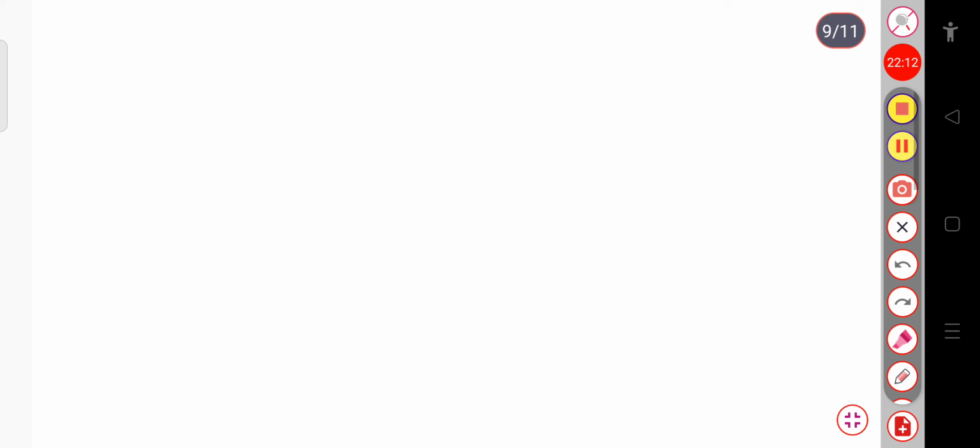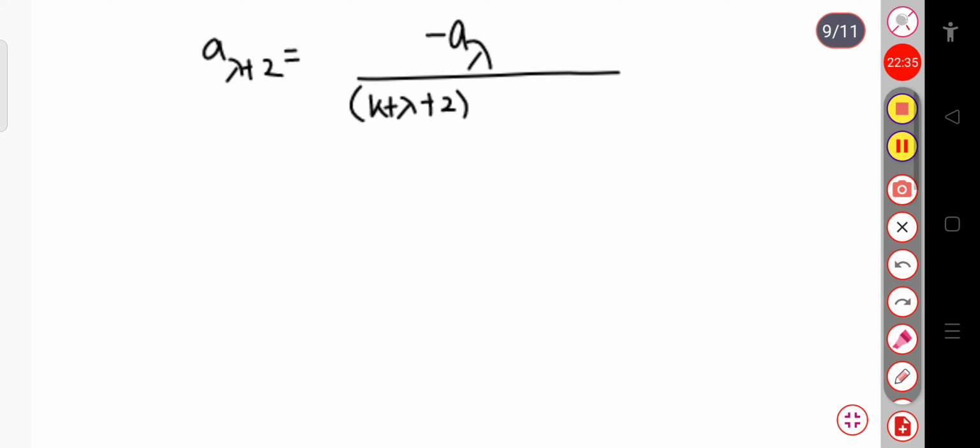So a lambda plus 2 equal to minus a lambda divided by k plus lambda plus 2 into k plus lambda plus 3.